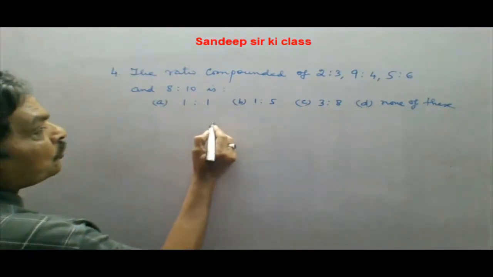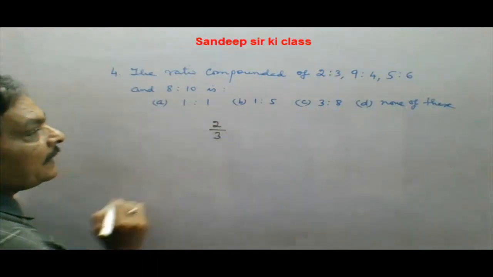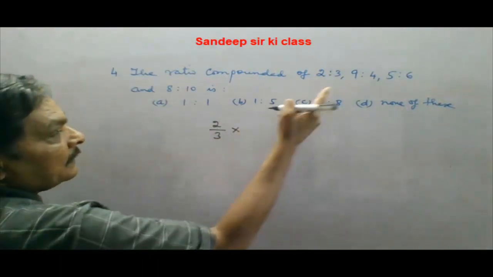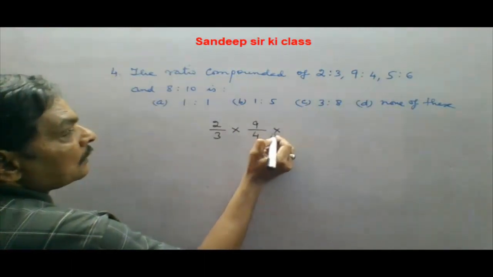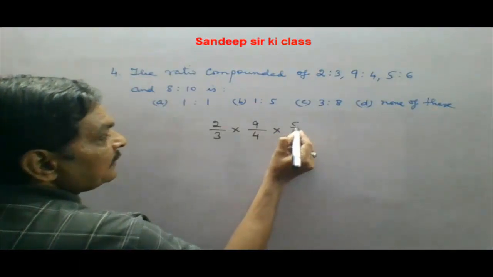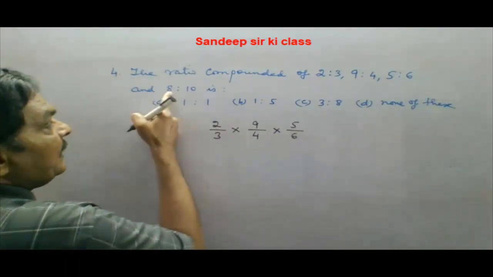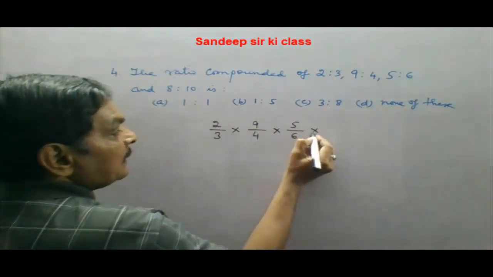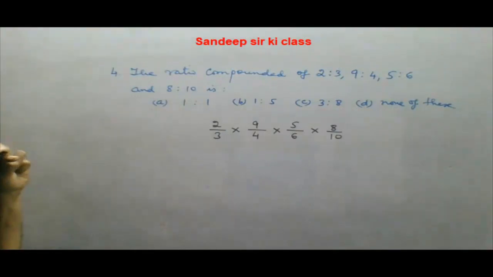So, the compound ratio will be 2 is to 3, which can be written as 2 upon 3; 9 is to 4 can be written as 9 upon 4; 5 is to 6 can be written as 5 upon 6; and 8 is to 10 can be written as 8 upon 10. This will be the compound ratio.